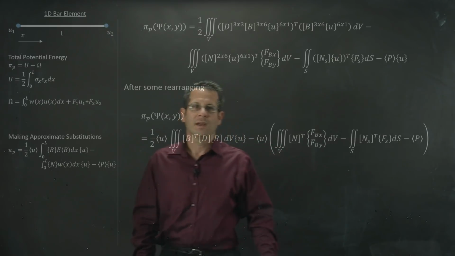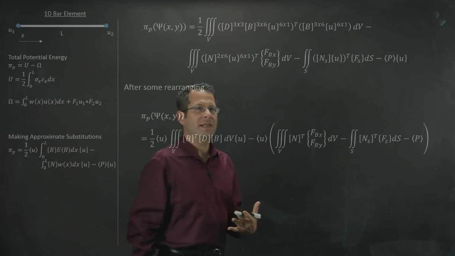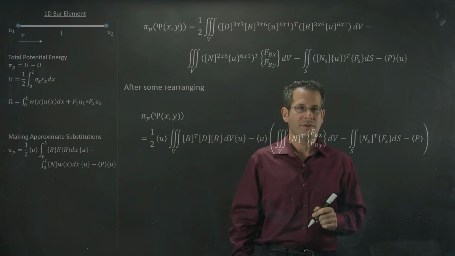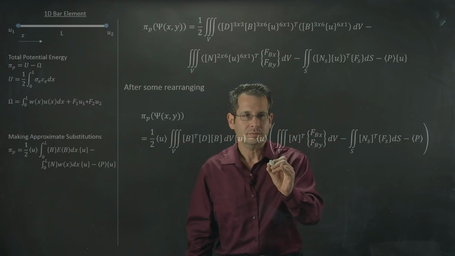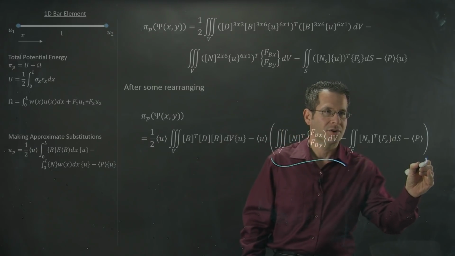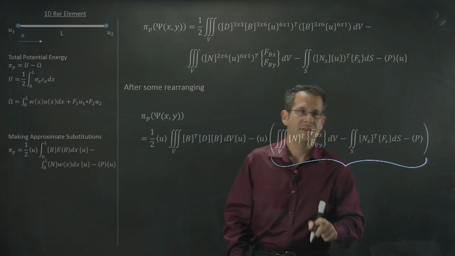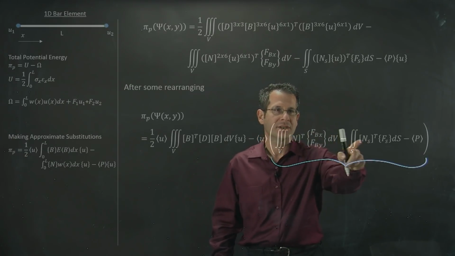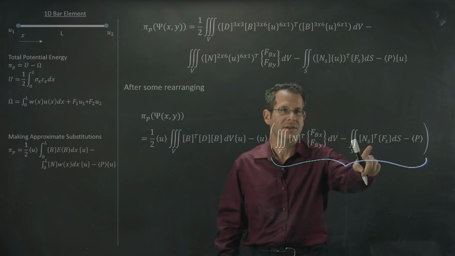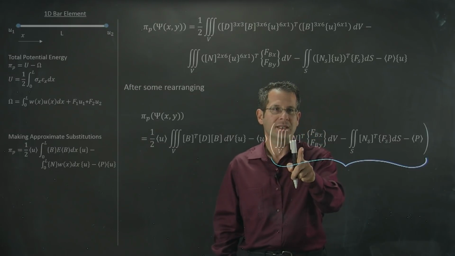At this point, before we move on to the next video, I'd like to point out a few things. One, after I do the integrations for these two terms, this will be a 6 by 1 vector. This will be a 6 by 1 vector. This is already a 6 by 1 vector. This represents body forces.